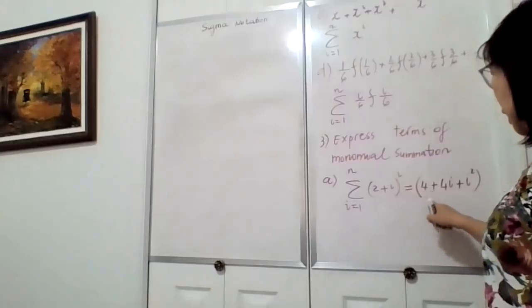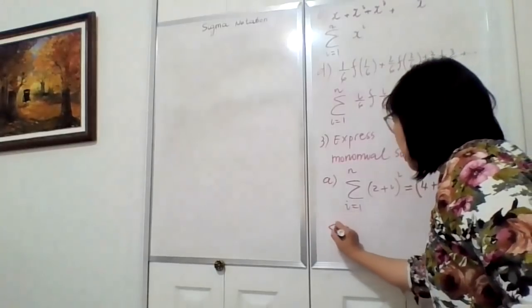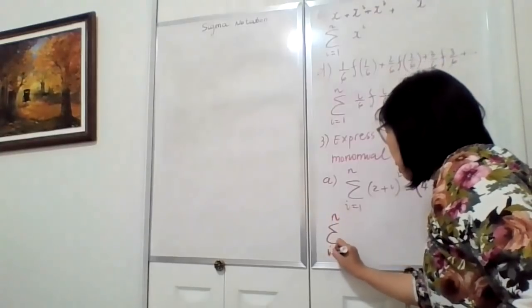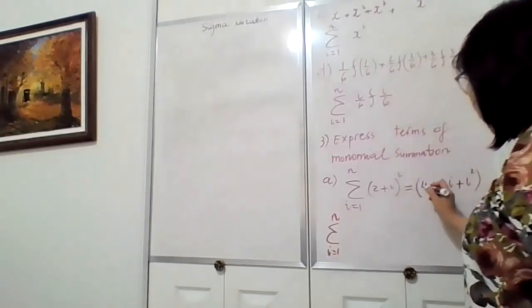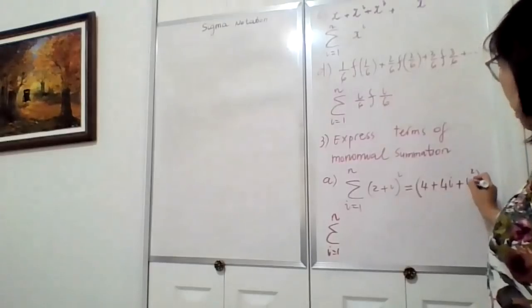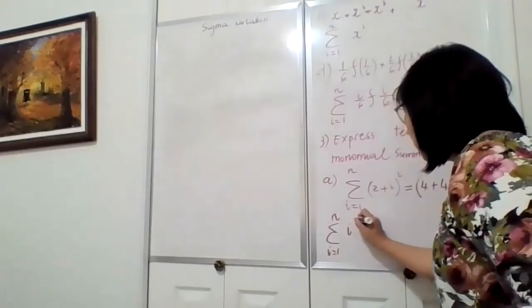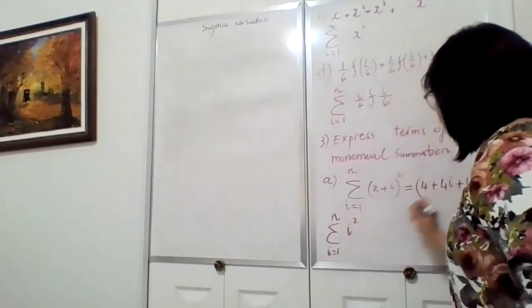So now we will write it in sigma notation. We will write like this. I equal 1, so you will have I squared.